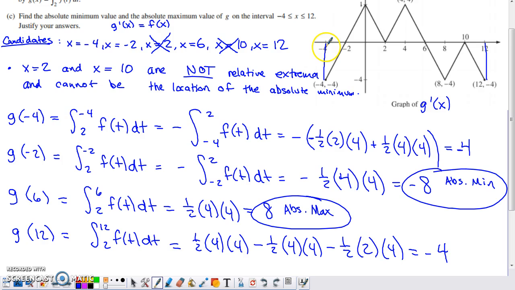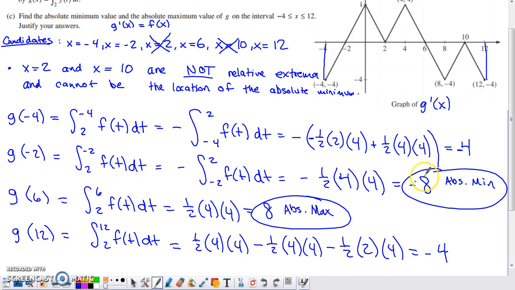Then we're looking at 1/2 base of 2, height of 4, and then the rest of the way to 2, we see this triangle. That triangle is above the x-axis, so that's definitely going to be added on. If we do 1/2 base of 4, height of 4, we end up evaluating this, getting an answer of -4. I'm not going to go through the rest of these calculations.